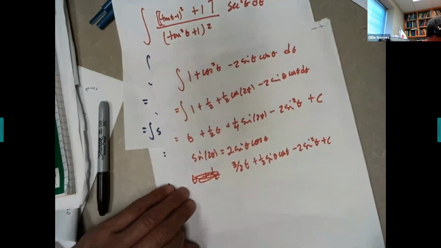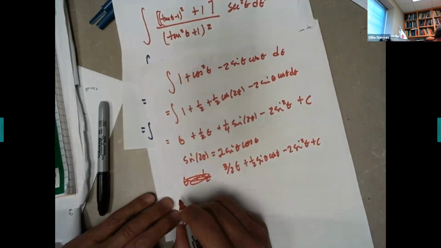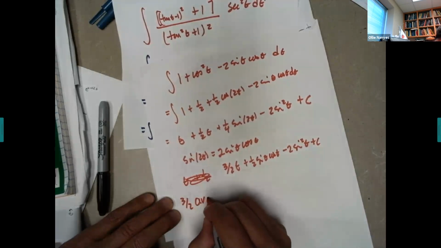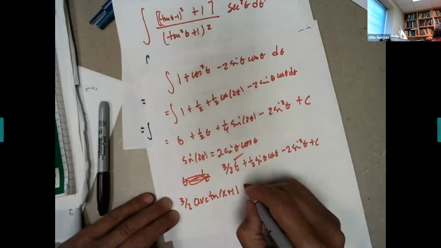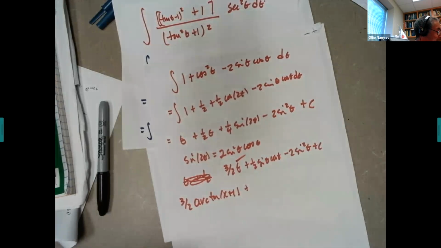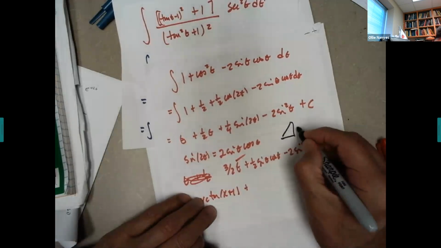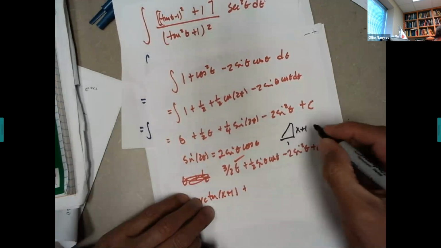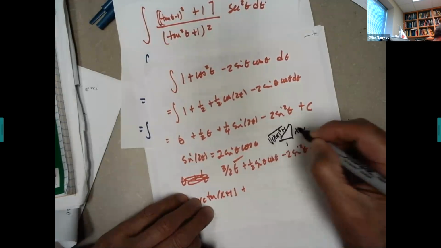Now let's remember what our theta is. It was arctangent of x plus 1. So that resolves that. Now remember tangent theta being x plus 1 over 1. The hypotenuse is the square root of x plus 1 squared plus 1.